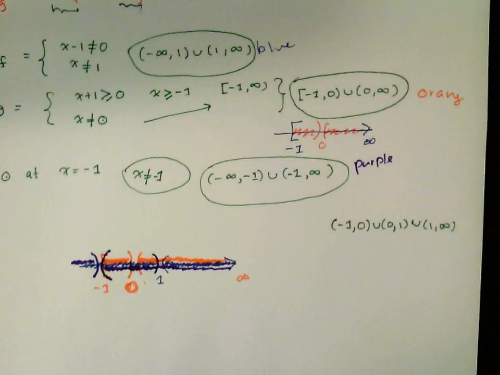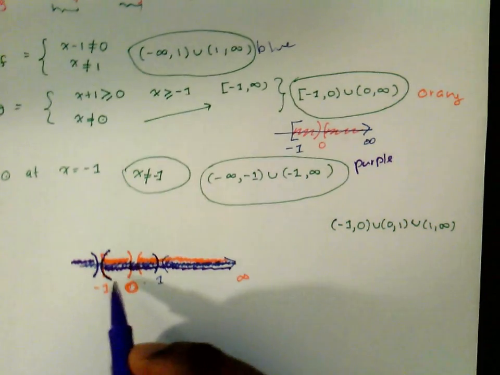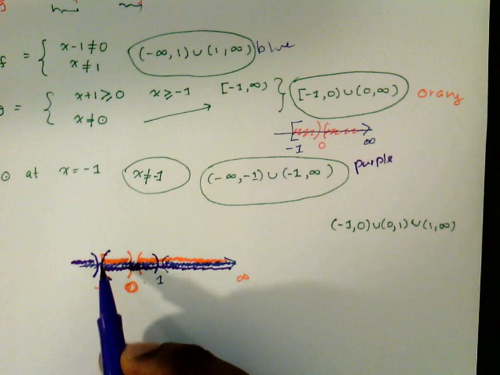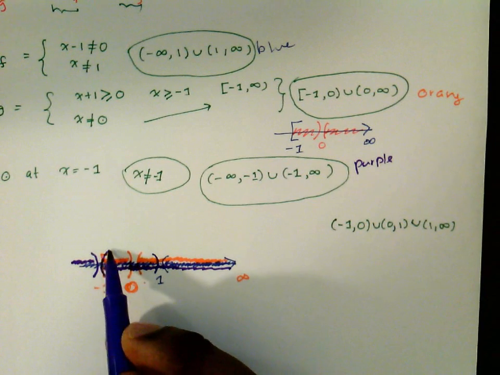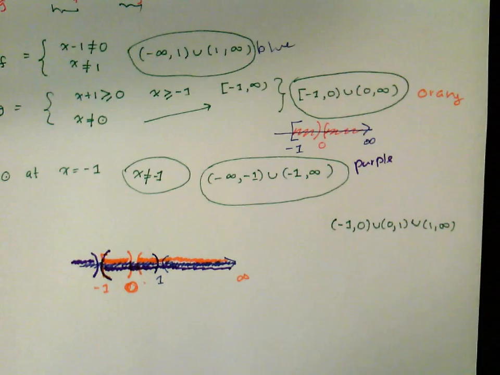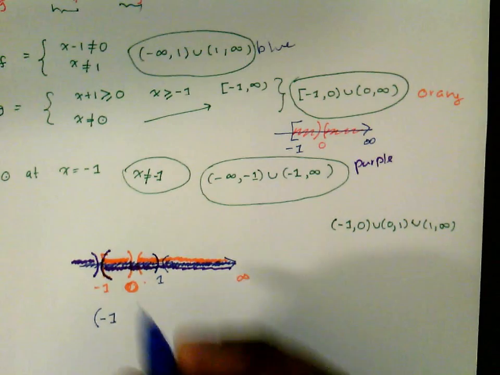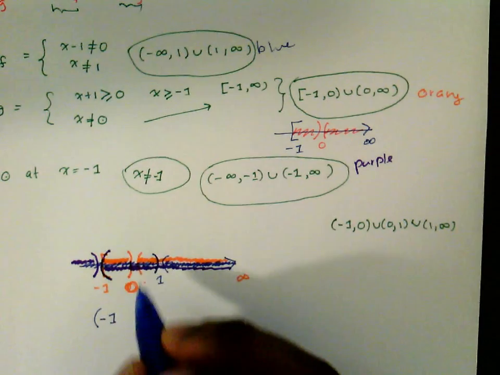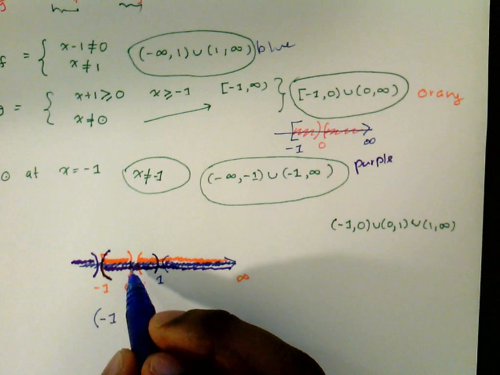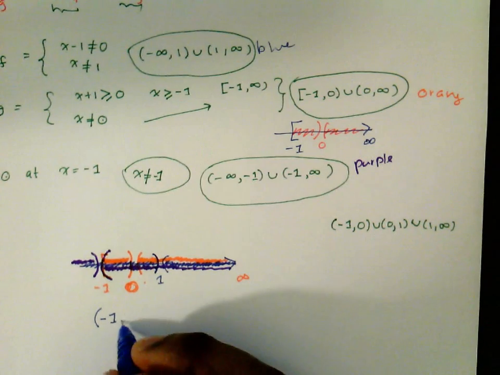Now have a close look at which things have all three colors. Now -1 has orange, has blue, but this purple parenthesis, it doesn't have purple. Anything below doesn't have orange, so it should start from -1, and then it has all three colors until you hit this point where it doesn't have orange, so to 0.